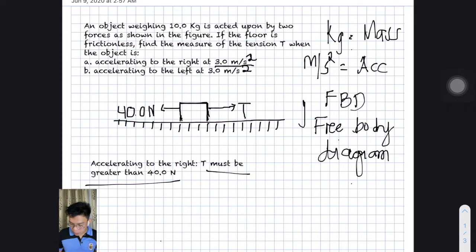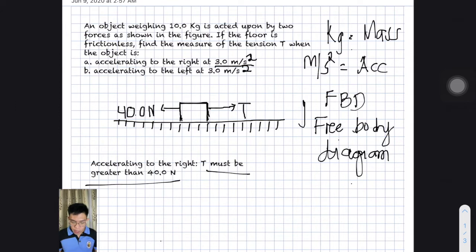So a free body diagram is an illustration of the system of forces that might be acting on an object, whether it is at rest or in motion. That's a free body diagram, an illustration, the identification of forces acting on an object.